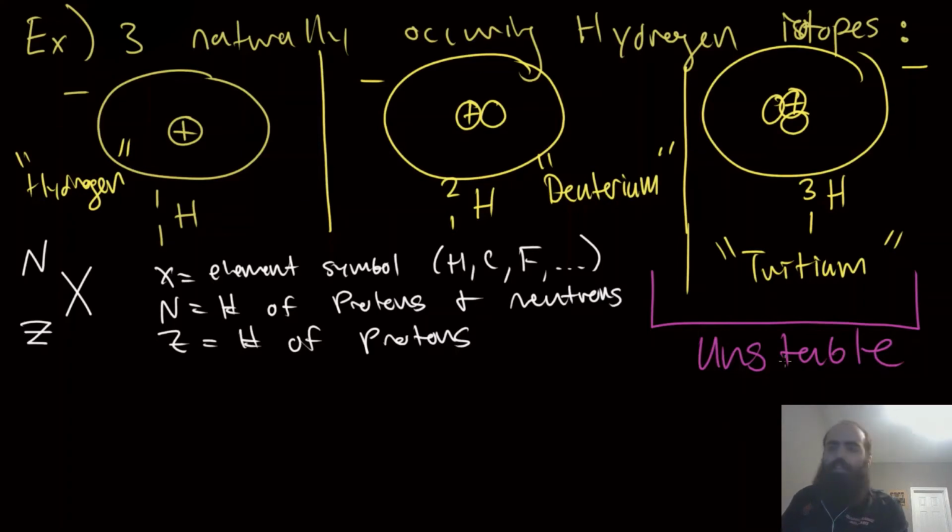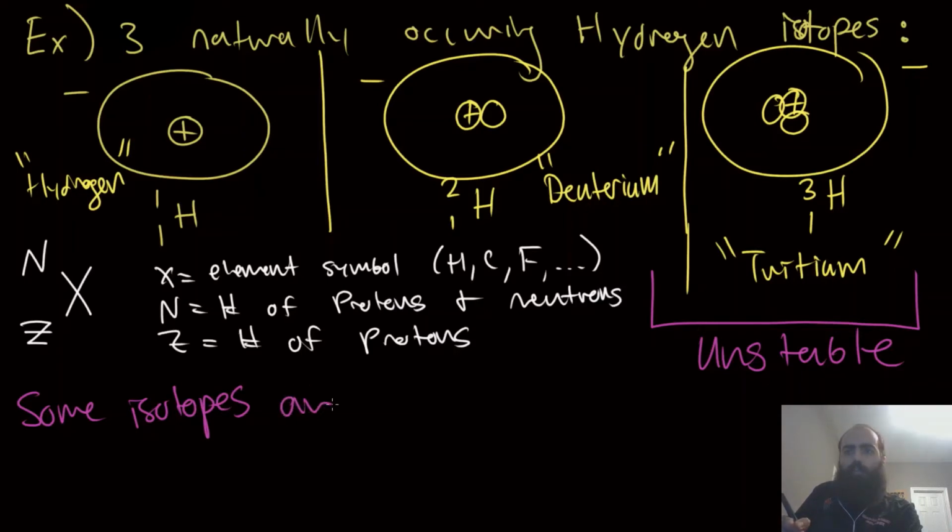And if it's unstable, basically what we want to know is that some atoms or some isotopes are unstable. And they're unstable for a variety of reasons, but it's mostly based on their nuclear structure.